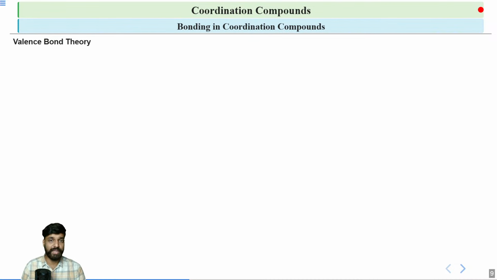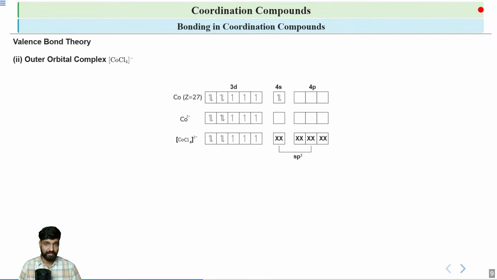Now moving on to the examples of outer orbital complex. So we will take [CoCl4]2-, right? So here it will be 2 minus. Now if it is 2 minus, that means the cobalt will be present in +2 oxidation state. So we will remove 2 electrons from the 4s. Next, there are 4 Cl ligands.